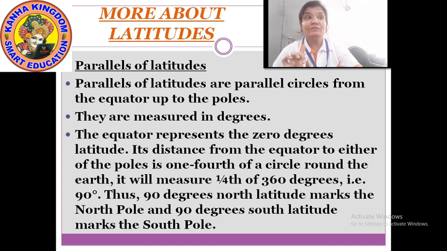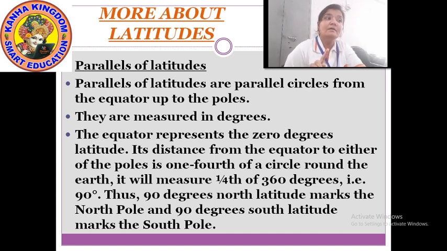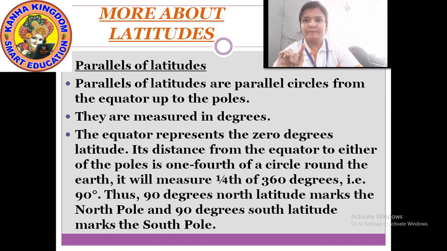Now these lines of latitudes, or parallels of latitudes, are measured in degrees. Why are they measured in degrees? Because while locating a place, we need the latitudes, and while locating the time, we use longitudes.